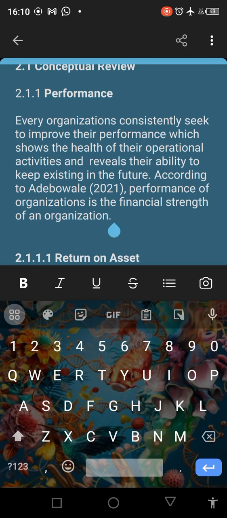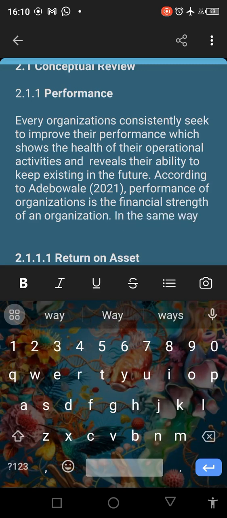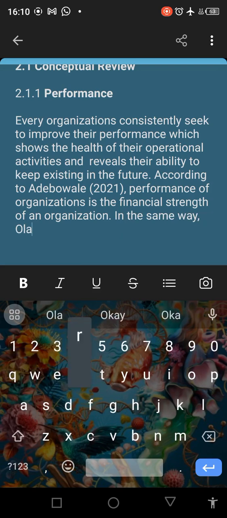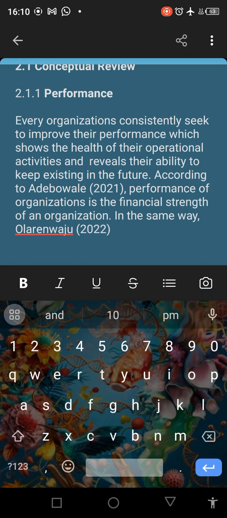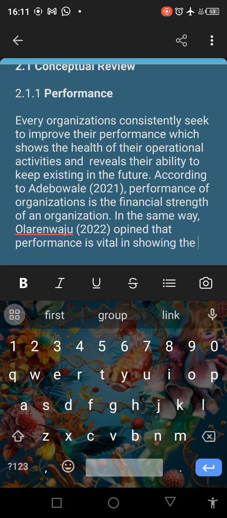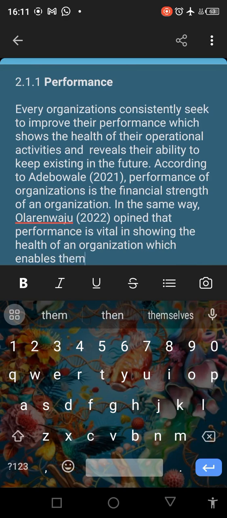And I introduce, I say, in the same way, Olarewaju, 2022, opined that performance is vital in showing the health of an organization, which enables them to keep attracting investors.